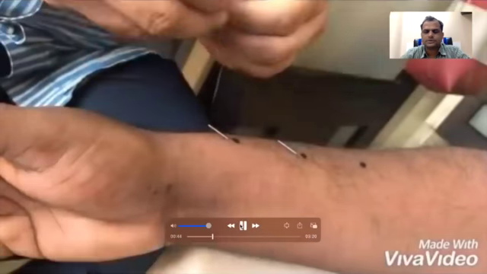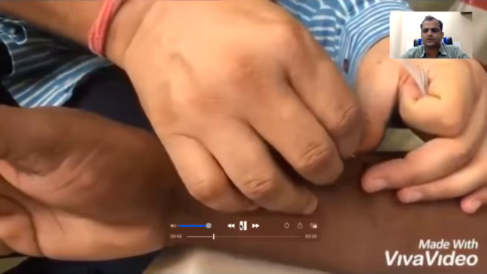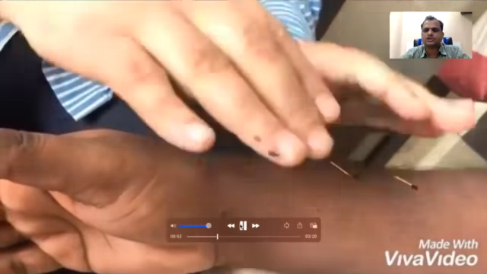These points are available on the yin-yang junction, so we can insert the needle in any direction. These points are very good for all the 3 orifices, like anal, urinary, and genital part.